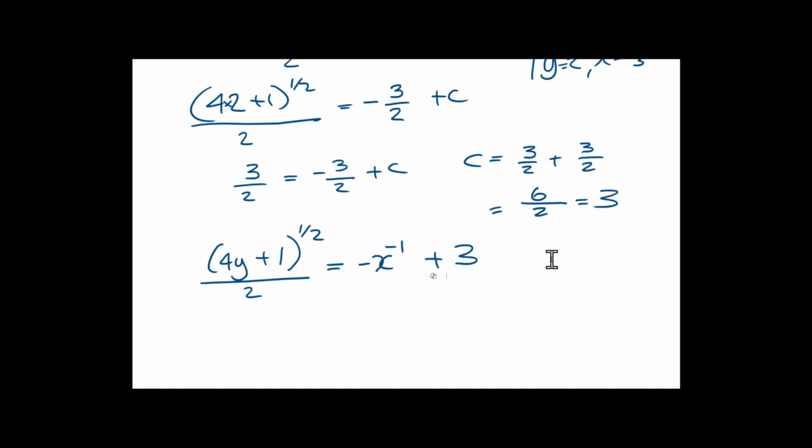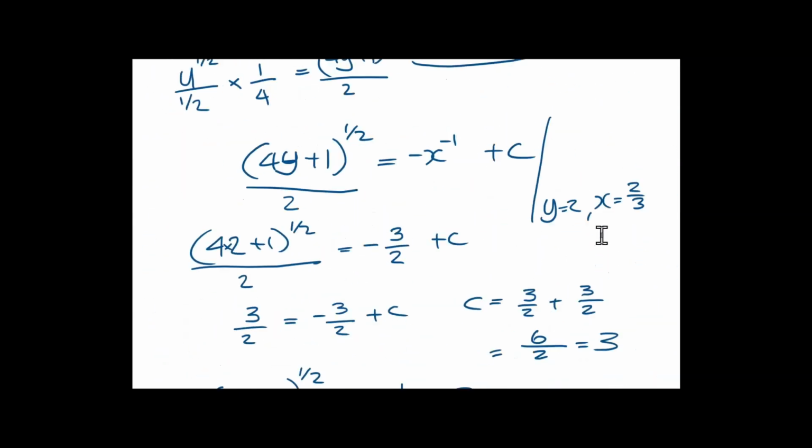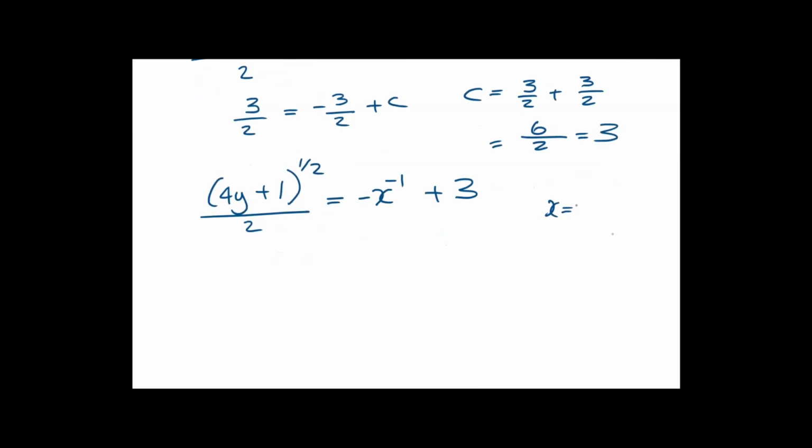Now we need to know what y equals when x equals 4 over 5. So x equals 4 over 5. Well, let's just copy this down here. 4y plus 1 to the power of half over 2 is going to be equal to negative 4 over 5 to the power of negative 1, which is 5 over 4, plus 3.